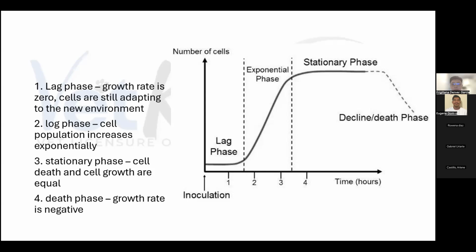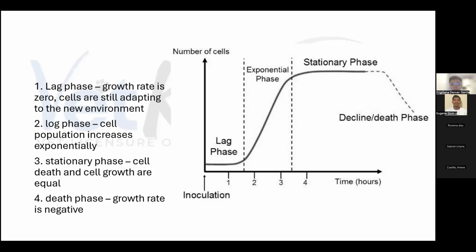Logarithmic phase, this refers to an exponential increase in the number of bacterial cells. And this is important for antibiotics naman, for administration of antibiotics. For example, if hindi nag-grow yung bacteria, hindi sila nagkakaroon ng cell wall synthesis.